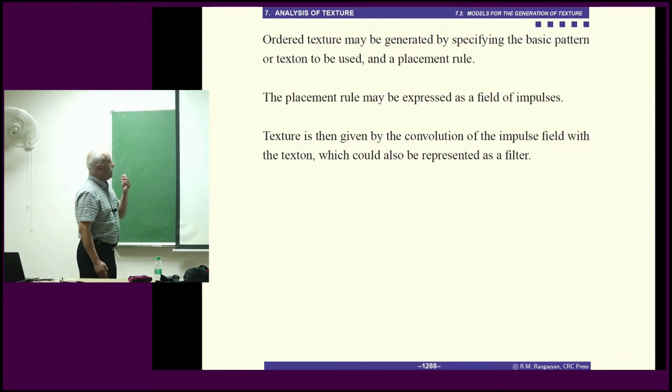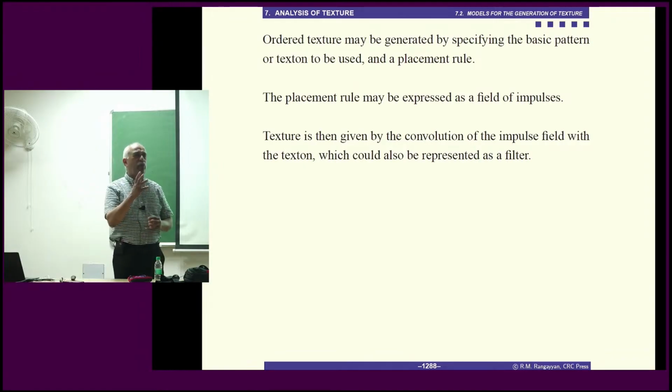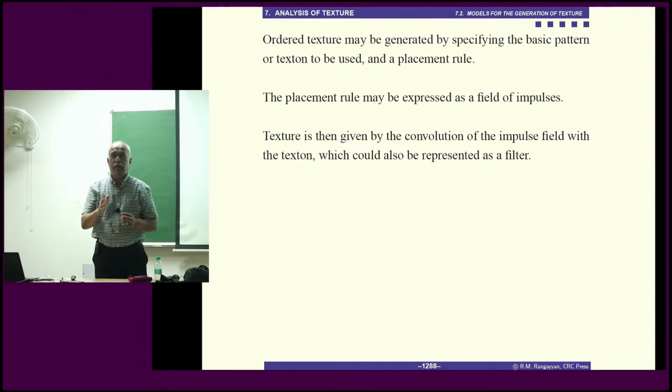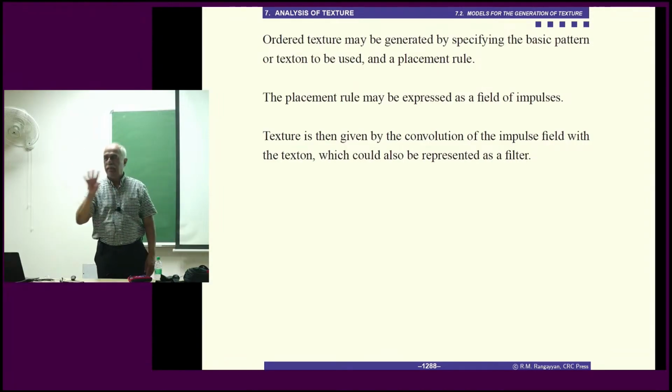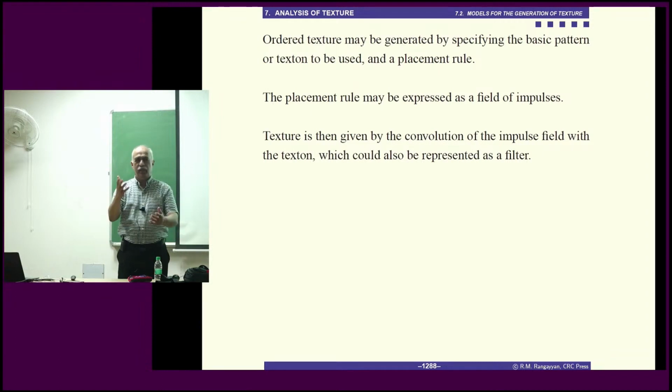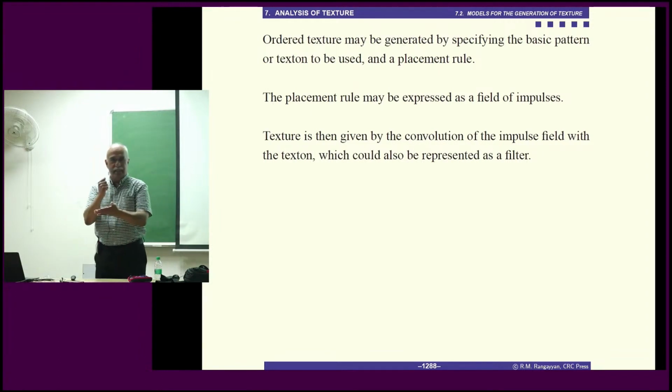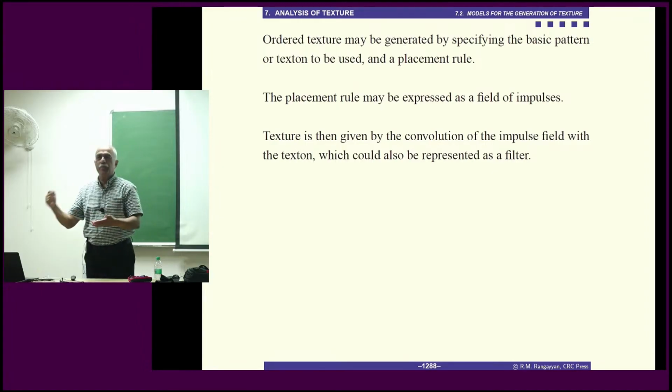Ordered texture may be generated by specifying the basic pattern or texton to be used and a placement rule. The placement rule need not be periodic. You say, I want this pattern repeated, like a flower, put here, there, and keep stamping. That's how they make saris and block printing, where the same block is printed on cloth.